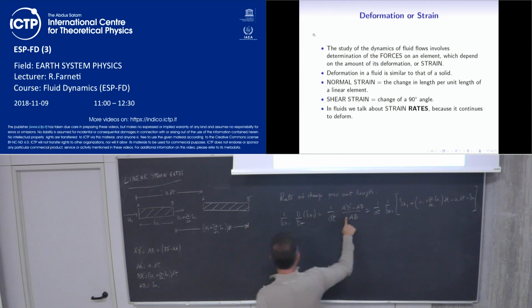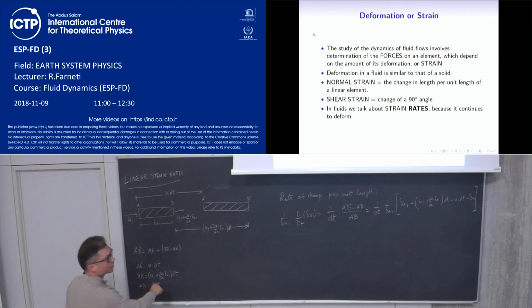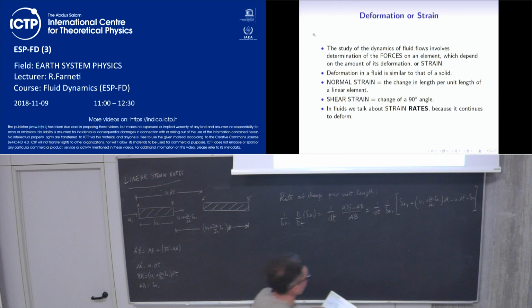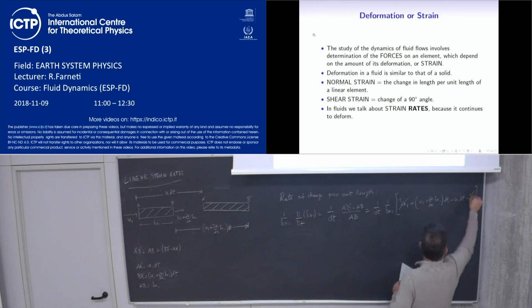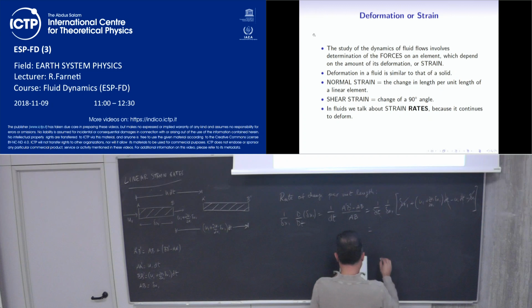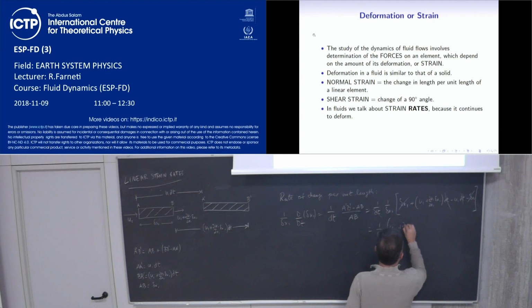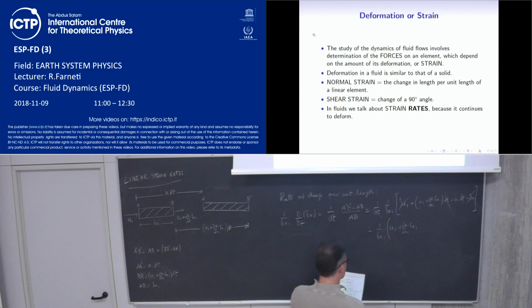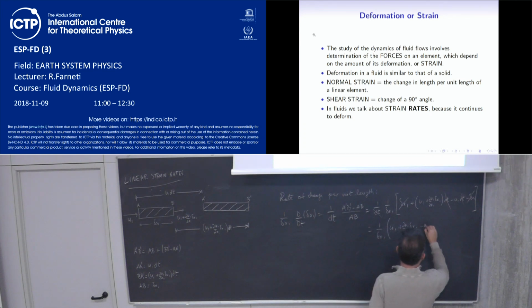Okay, just substituting this with this. So now this goes away with this. This goes away with this. And we have per unit length minus the U1.